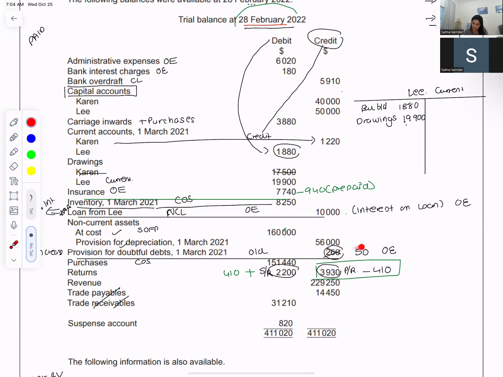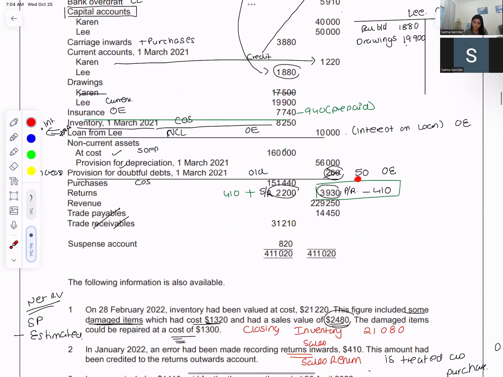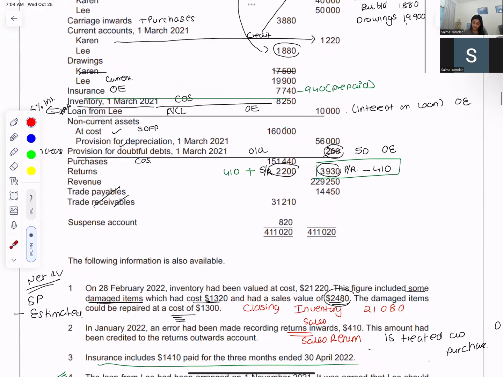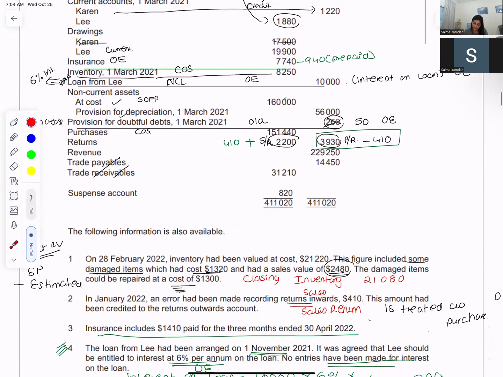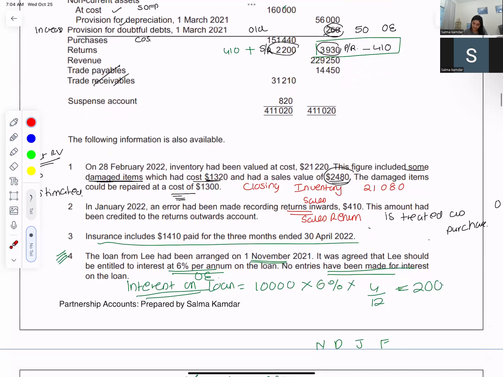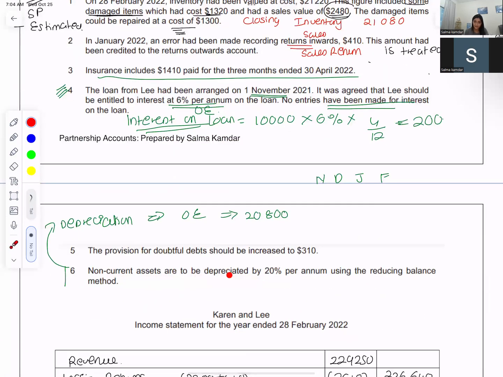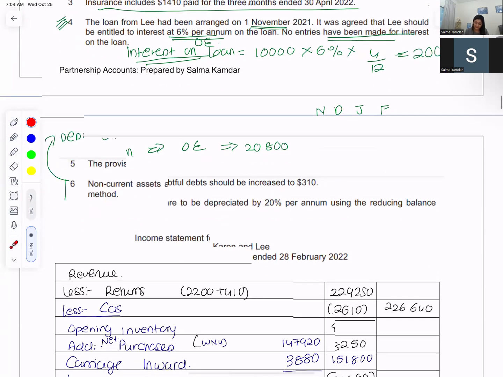Now there is a non-current asset over here. So we had a depreciation on the non-current asset and there was an increase in provision for 50. What was the depreciation on my non-current asset? Let's check if we had calculated. Yes, the depreciation on non-current asset was 20,800.